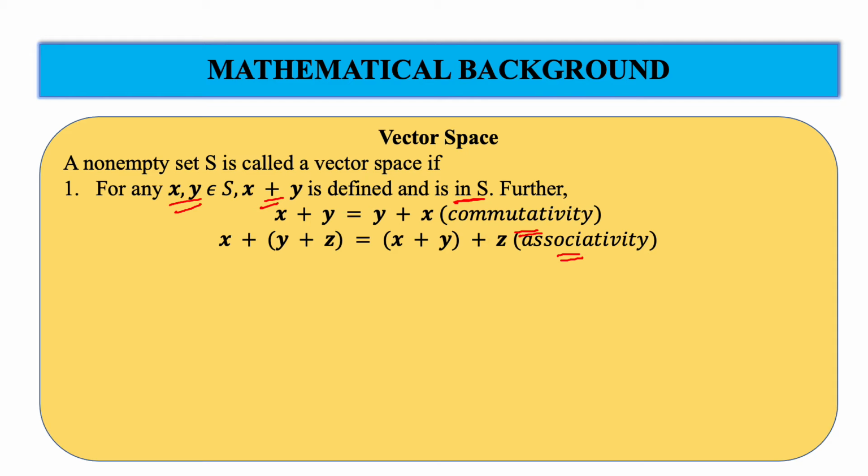That means if you sum y plus z, and then the result is added to x, it will give the same result as if you add x plus y and the result is added to z.